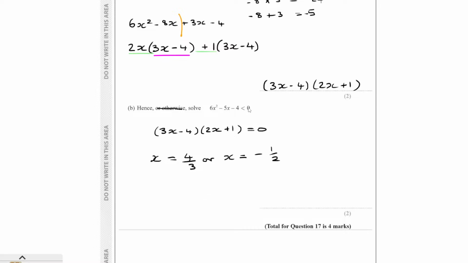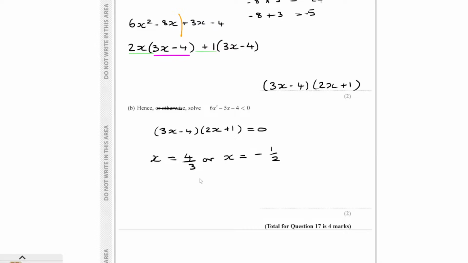Then obviously I need to bring back in the fact that I've got an inequality. Now you can just memorize, because solving quadratic inequalities, there's only two possible formats for the answer. Either x is between those two numbers, so it's a range, or there's two different inequalities, x is smaller than the smallest answer, or bigger than the biggest answer.